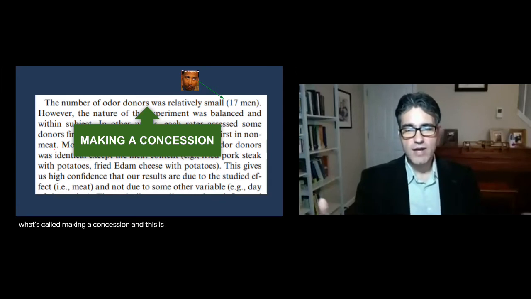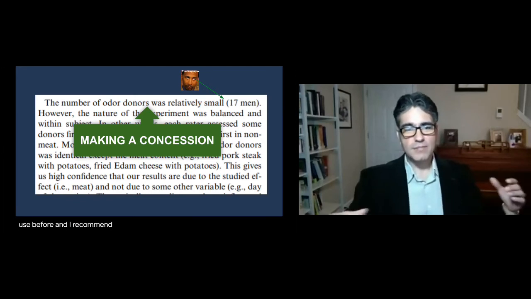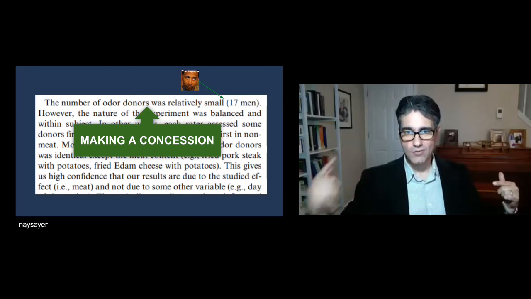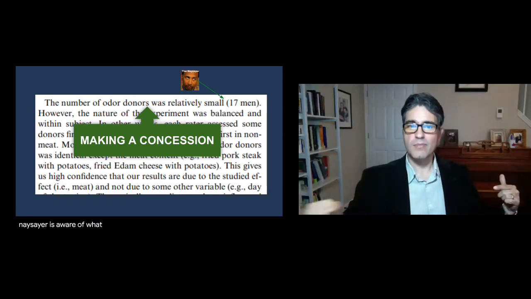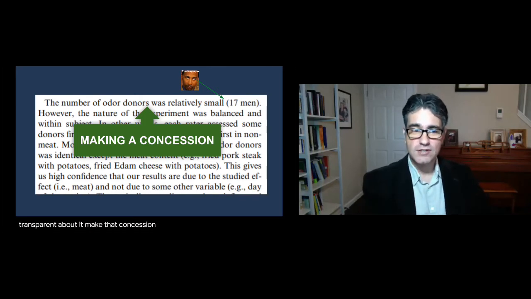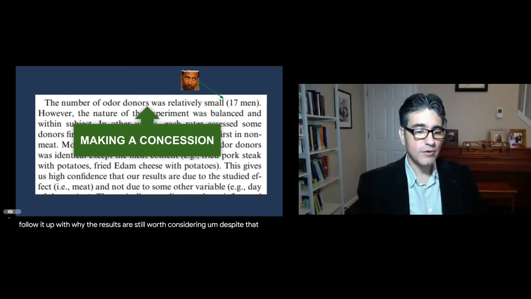And this is a strategy I've taught people to use before, and I recommend, because you should be aware that the naysayer is aware of what the issues are, what the limitations are. So just be transparent about it. Make that concession, but make the concession and then follow it up with why the results are still worth considering despite that problem or that limitation.